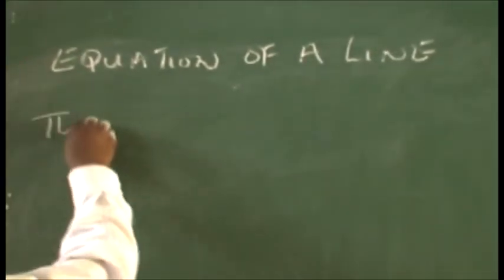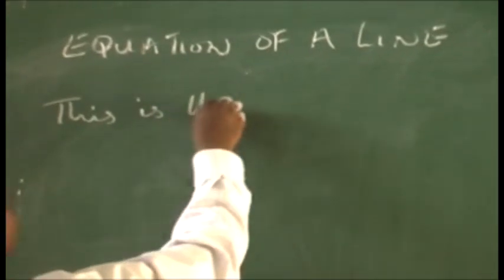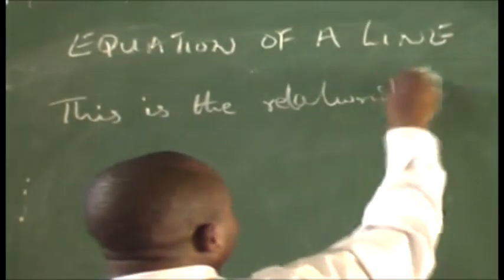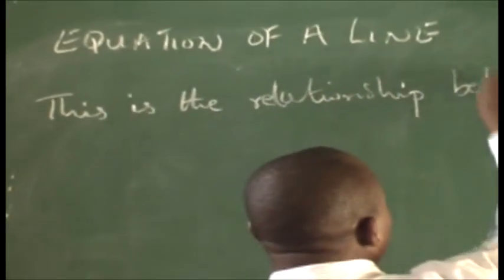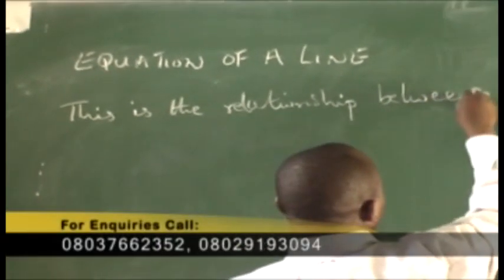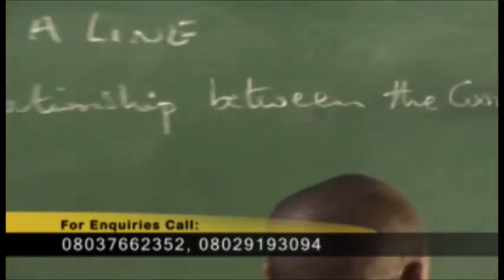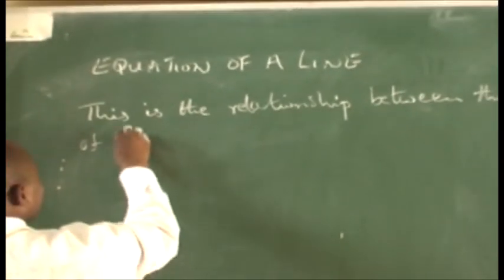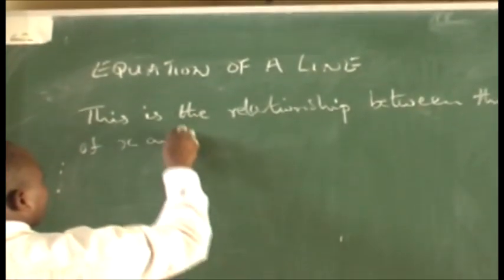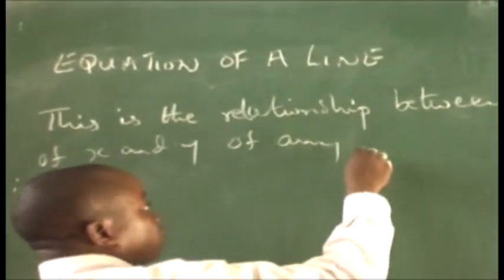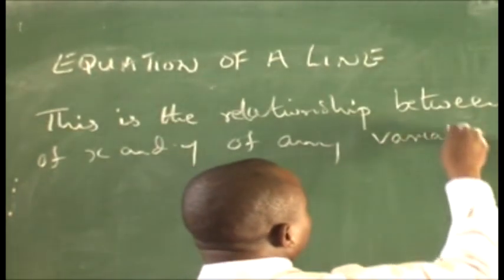Now, this is the relationship between the coordinates of x and y of any variable points.